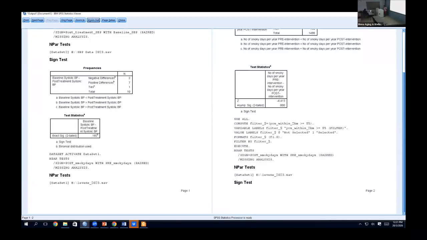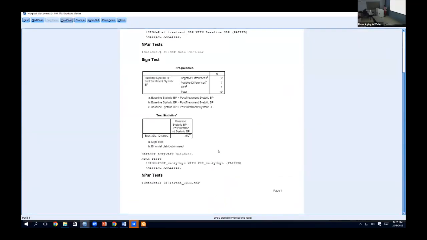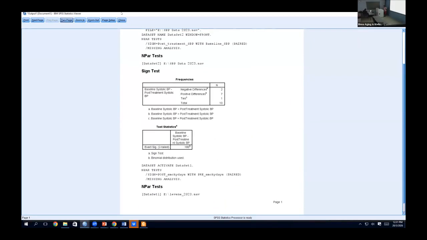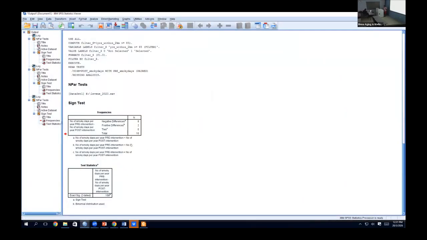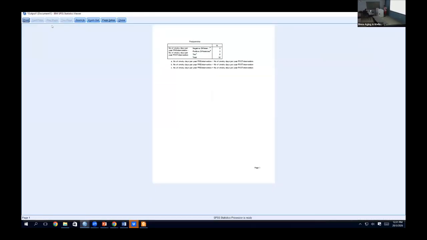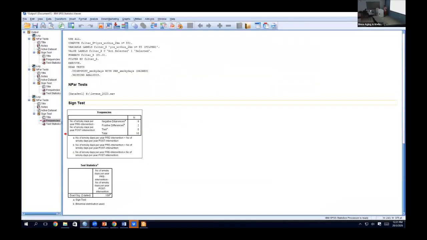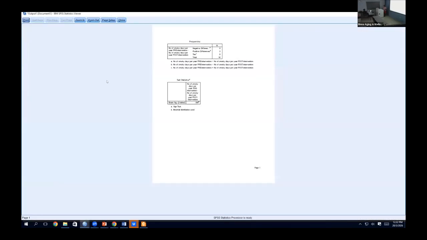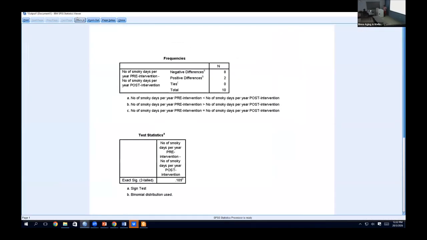What? Page 1, page 2. How did it happen? What did I do? Wow. This is exciting. Anyhow, let's go.